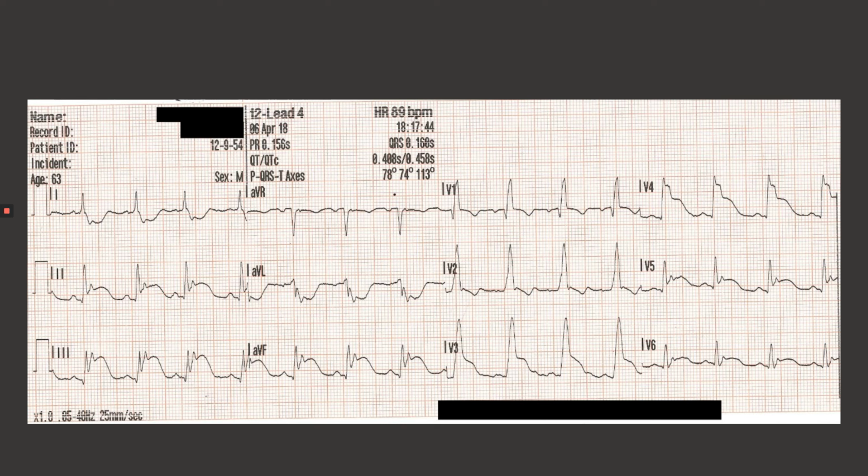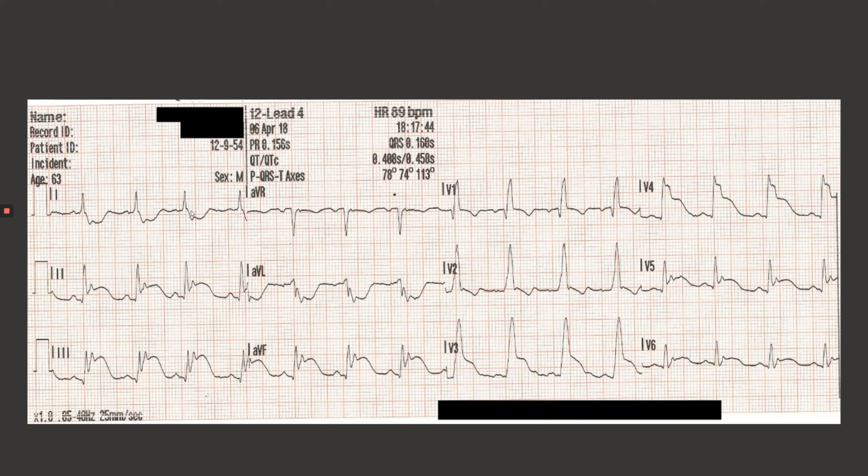When you're really beginning to interpret these things, step number one, we establish the rhythm, because that's the most important step. Step number two, you can just do a quick scan of the isoelectric line in each lead, is what I generally do. I go through and scan lead 1.